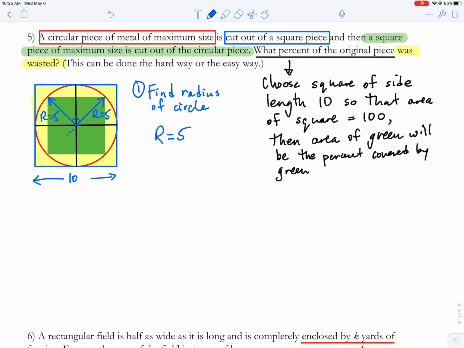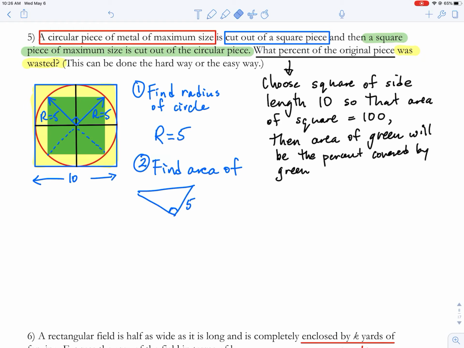I could break it into 4 of these triangles. So we want to find the area of this triangle, that happens to be a right angle, where I've got 5 and 5.